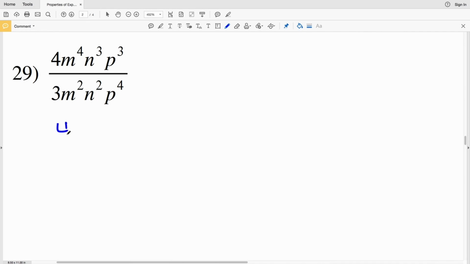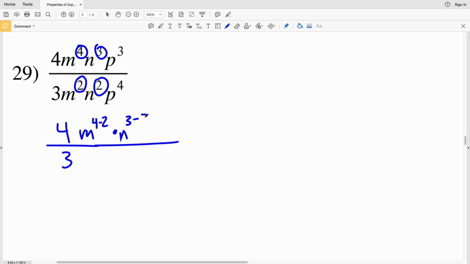I'll start by having 4 thirds. Then I'll have m to the 4 minus 2. So m to the 4 minus 2, and then I'll multiply that to n to the 3 minus 2. So times n to the 3 minus 2, and then I'll multiply that by p to the 3 minus 4. So p to the 3 minus 4.